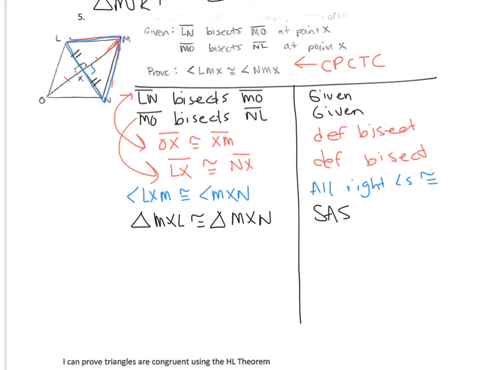Since we want to know that the angles are congruent, I'm going to write angle LMX is congruent to angle NMX by CPCTC. Because if I know that these two triangles are congruent, then their corresponding angles are congruent right here. Even though it's a right triangle, I had side angle side and that's good enough.